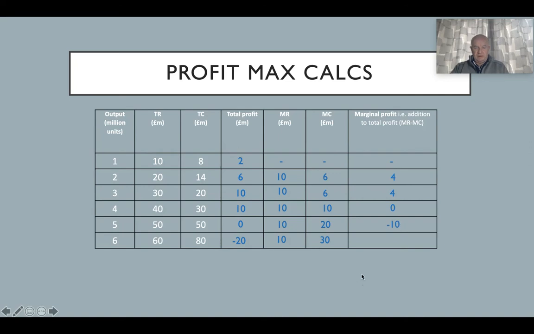Then we get into a position where our marginal cost has gone up significantly. Our marginal revenue has stayed the same. So we're into a marginal loss in this instance, where our costs are £10 million higher than the marginal revenue that we're achieving. And if we take a look at the last point, where our marginal cost is 30 million and our marginal revenue is 10 million, we're effectively losing 20 million pounds worth of profit.